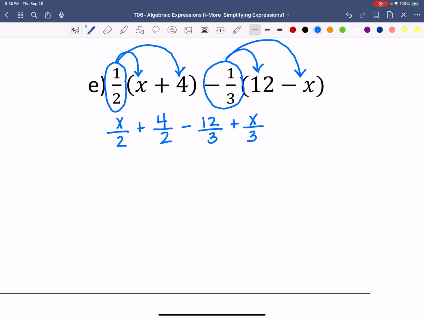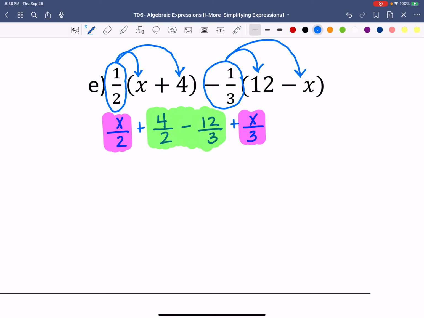Now, at this point, we do have some like terms that we can bring together and then simplify. So we have an x term here. I know it looks weird because it's fraction form, but it's still an x term, and these are still like terms. And then these constants, so just numbers in the middle, are the same.